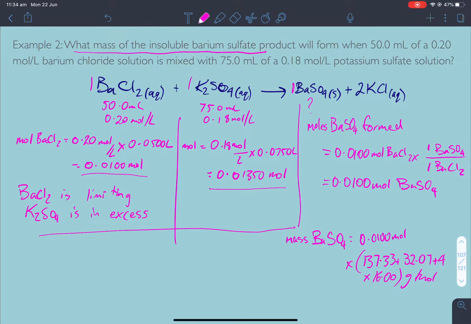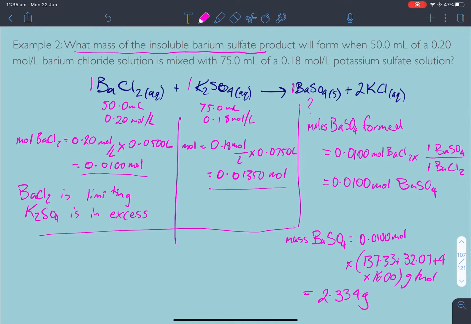Don't forget those brackets there. So 0.01 times by bracket. Don't forget the order of operations there. 137.33 for the barium, plus the 32.07 for the sulfur, plus the 4 times 16 for the oxygen, end bracket. 2.334 grams.